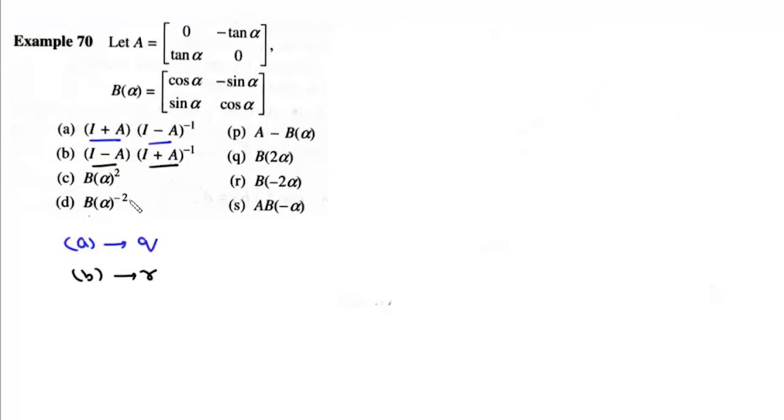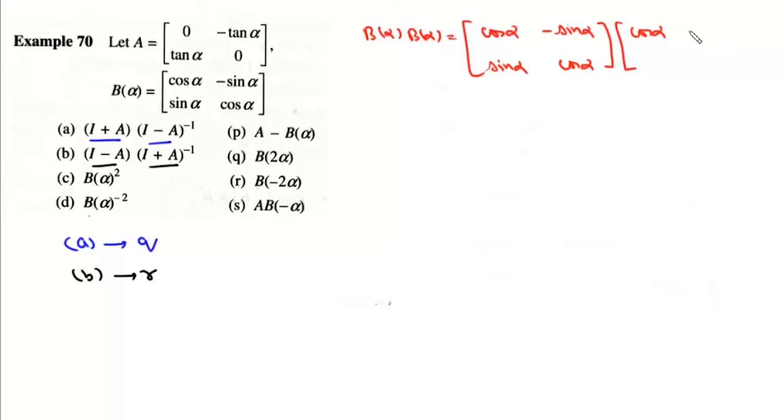Now the next one is B square alpha. So we'll multiply B alpha with B alpha and there will be cos alpha, minus sin alpha, cos alpha into cos alpha, minus sin alpha into cos alpha.